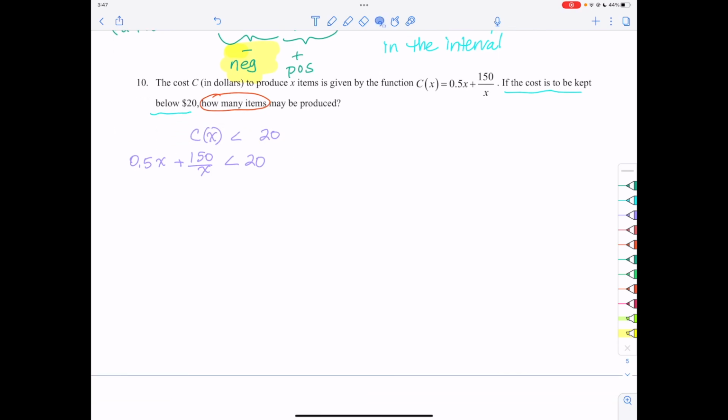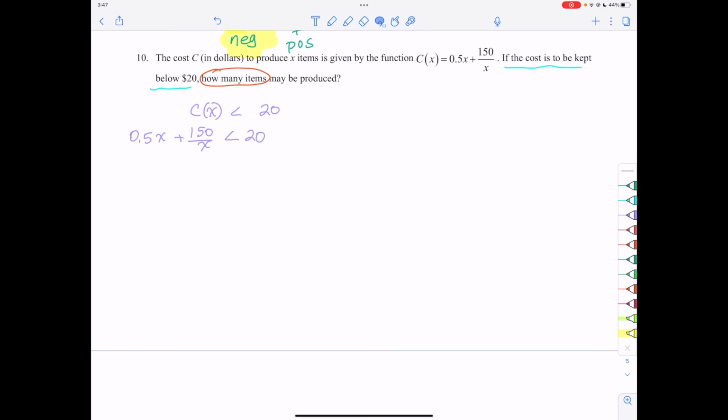Okay, so now we'll go ahead and get a common denominator after we move the 20. So we have 0.5x plus 150 over x minus 20 is less than 0.